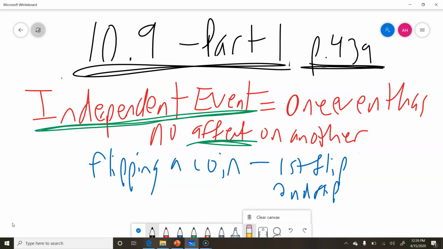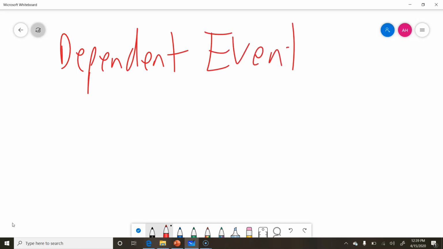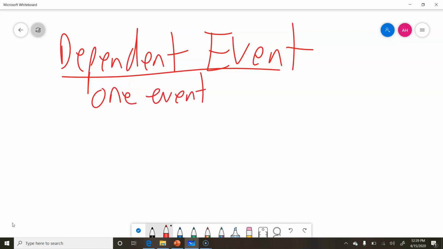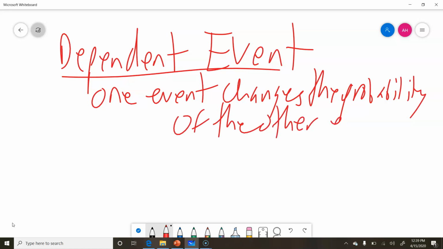If you need to pause, pause. This is the opposite, though, what we call a dependent event. In a dependent event, basically what happens is one event changes the probability of the other event.